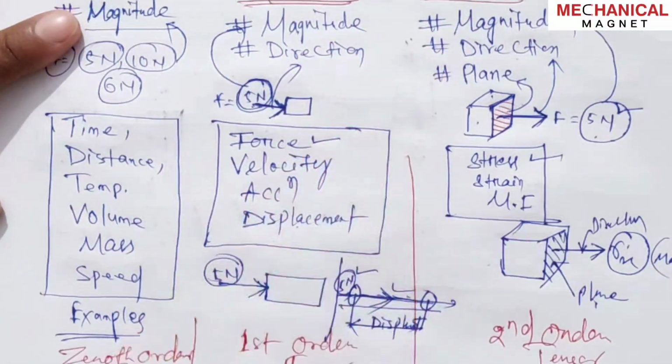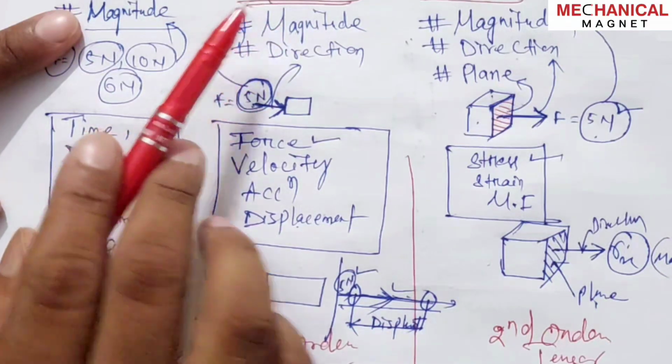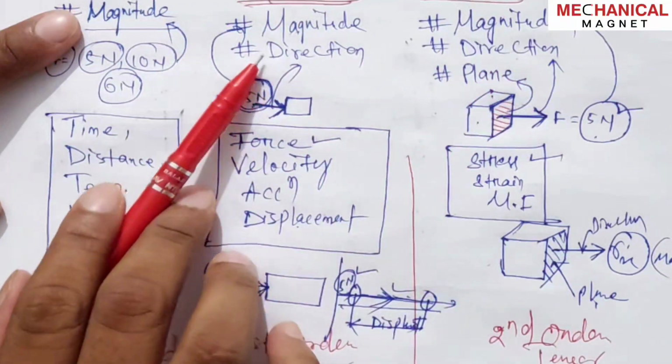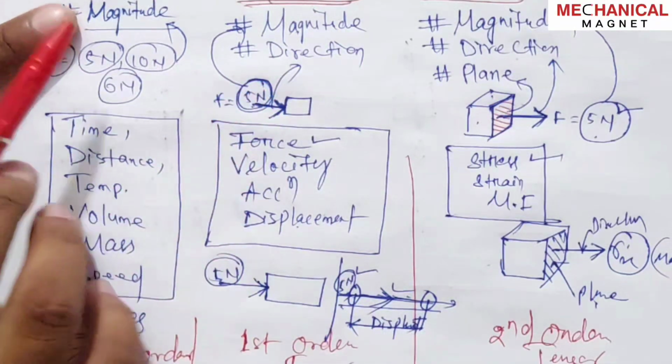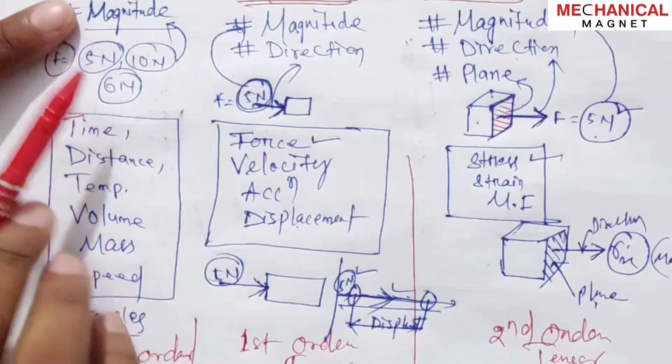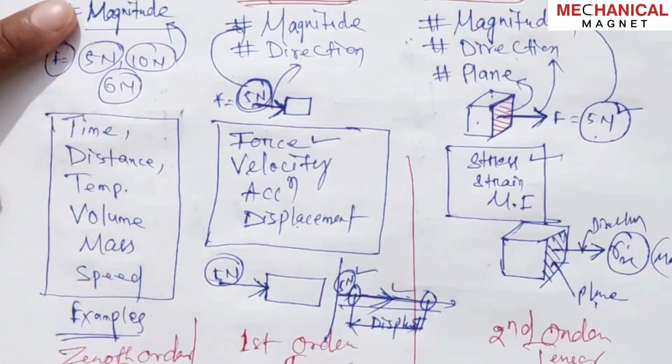Two things are left, means second order. Here magnitude is already erased, means the direction is there, one thing, so first order. Here magnitude is erased, so the rest is zero, there is no direction or plane, so this is the zeroth order tensor. So it's quite easy, you have to remember these things.